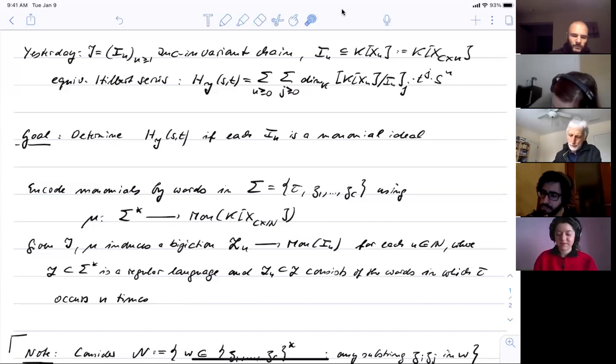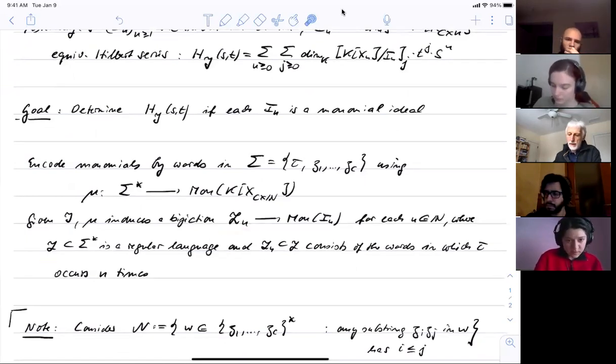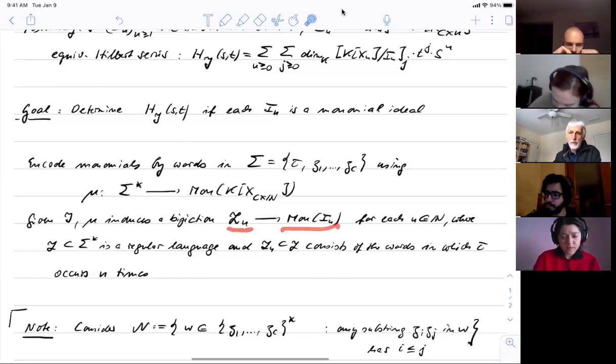And then we had seen, given any filtration or chain of monomial ideals, ink invariant, this encoding induces a bijection for a suitable regular language L, where the words in the sub-language L_n are in one-to-one correspondence to the monomials in the ideal I_n for each n.